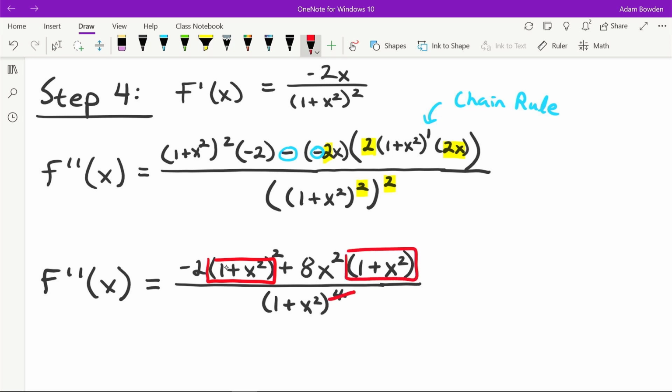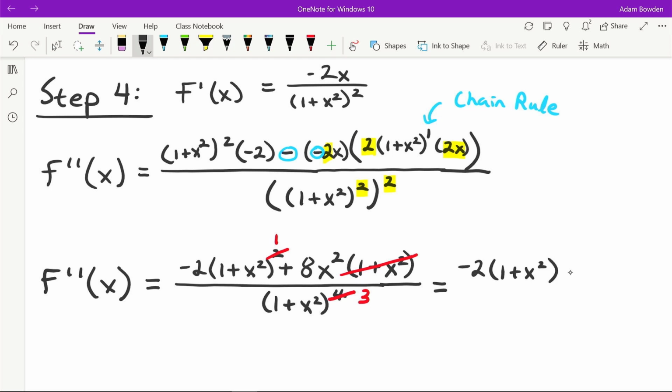We can get rid of one of these completely here by reducing this fraction down on top and bottom. So I'll get to cross one out from the bottom, taking it from the fourth down to the third power. One goes completely away here, and one of these 2 to the second power brings it down to just the first power. So that would simplify it down to negative 2 parentheses 1 plus x squared plus 8x squared all over the denominator.